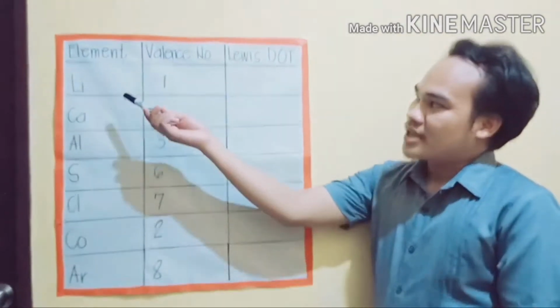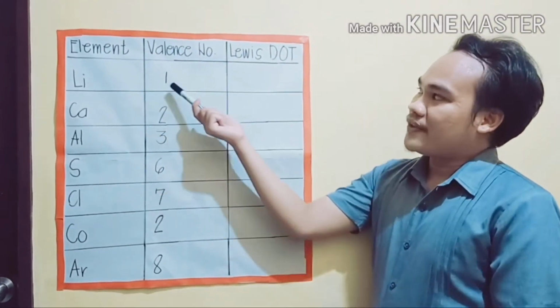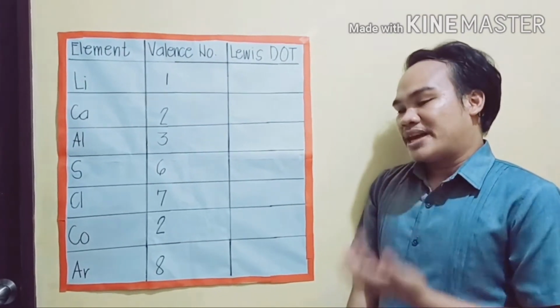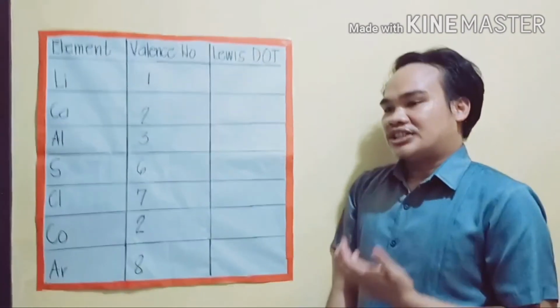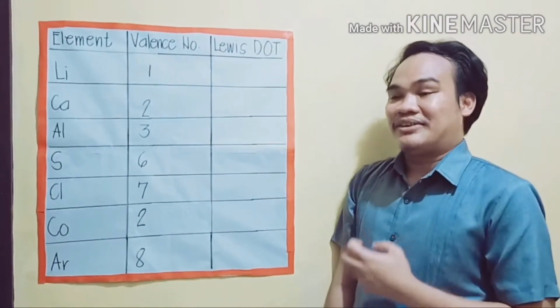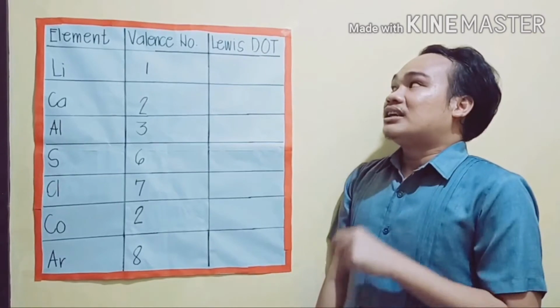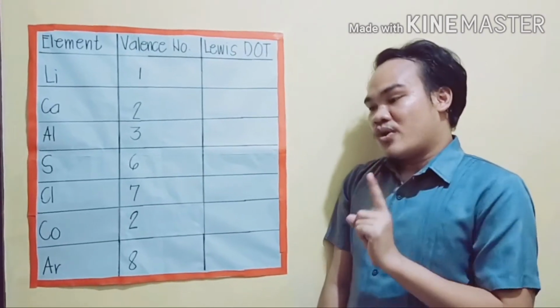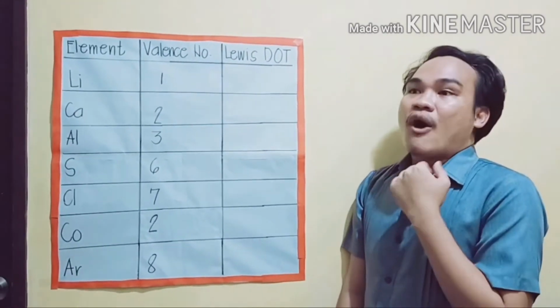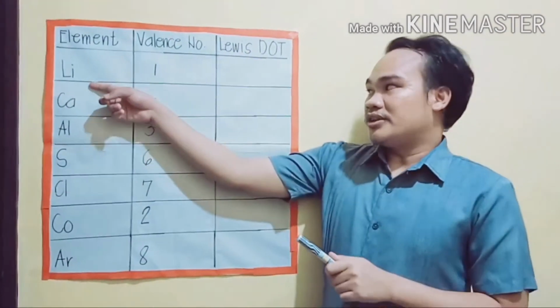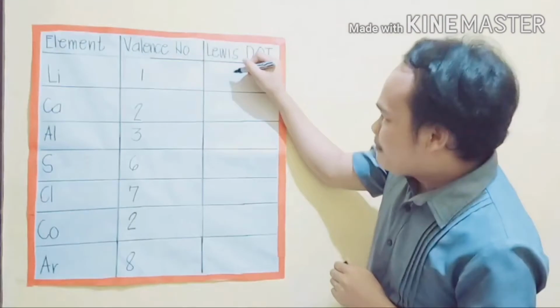We have lithium. The valence electron of lithium is 1. Just like what I mentioned earlier, Lewis dot structure uses dots that represent the number of valence electrons. It means that if your valence electron is 1, therefore you are going to write 1 dot around the symbol of the element. Like for example, number 1, lithium.